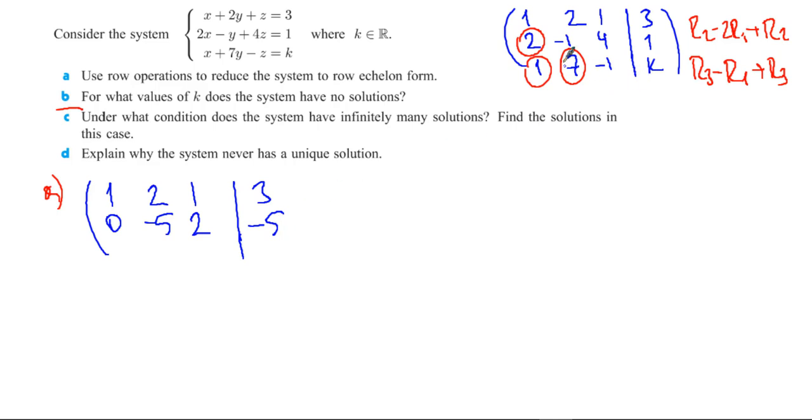Then we said subtract the first row from the third one, it will be 0 here, and we will have 5, and then minus 1, minus 2 here, and k minus 3, right? K minus 3.